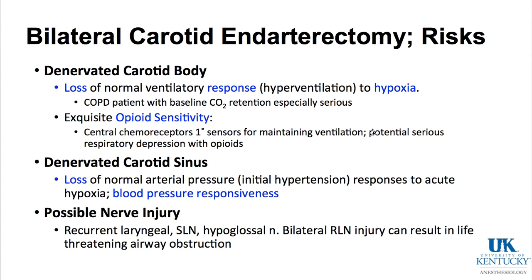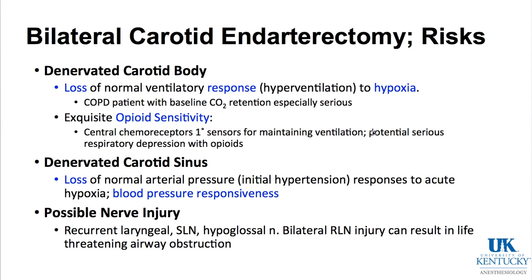Bilateral carotid endarterectomy has risks. One, if you cut the carotid body innervation on both sides, which occurs during carotid endarterectomy frequently, you would lose the normal ventilatory response, which is hyperventilation, when hypoxia occurs.